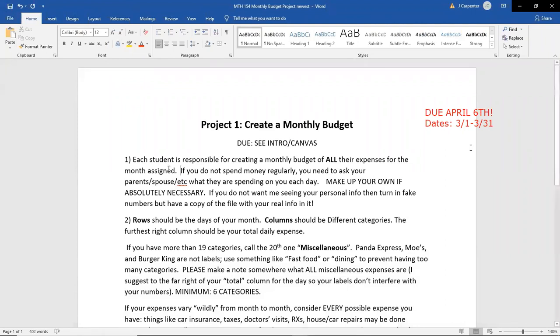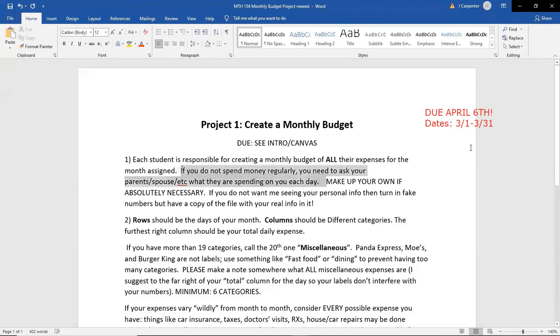So each student is responsible for creating a monthly budget of all their expenses for the month assigned. And again, it doesn't have to be just a February, it could be a split month, like we said, March 15th to April 14th, something like that maybe. If you do not spend money regularly, you need to ask your parents or your spouse or whoever you have close to you who is basically giving you the financial assist what they are spending on you each day.